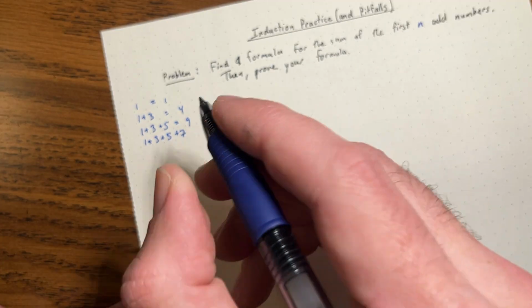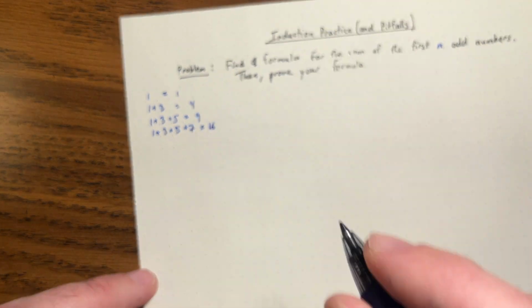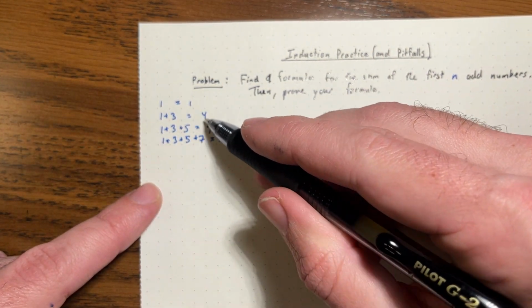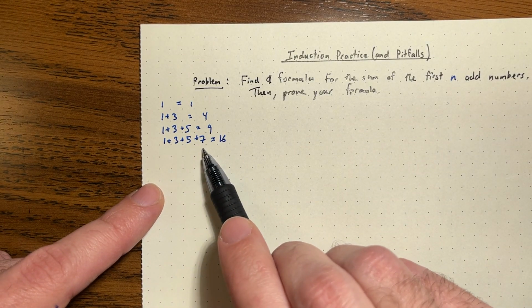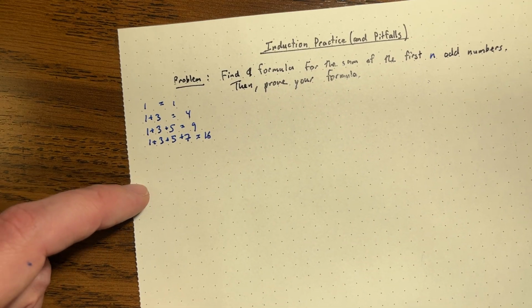Sum of these is 9 plus 7, which is 16. And that confirms the pattern that I noticed in the first three. It looks like these are the square numbers. And which square number do we get? It looks like the sum of the first 4 is 4 squared. So that's going to be our guess.